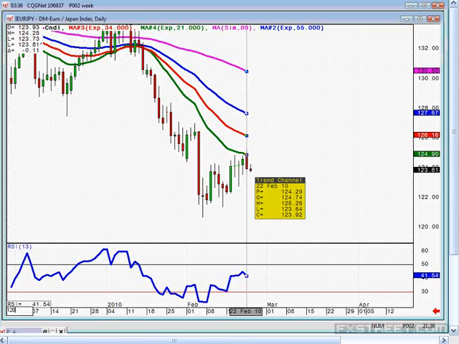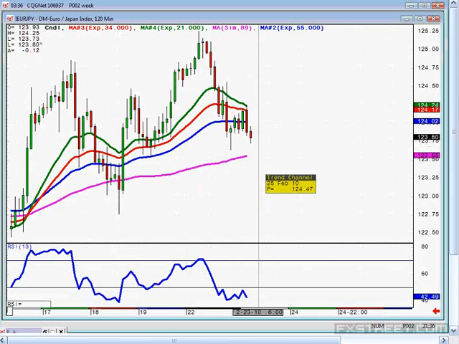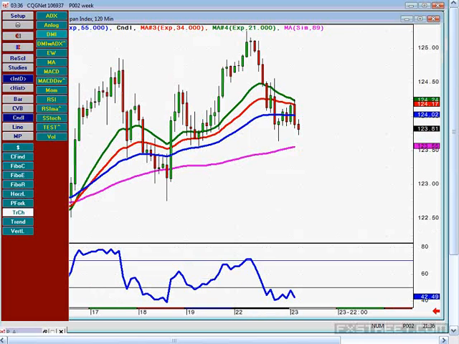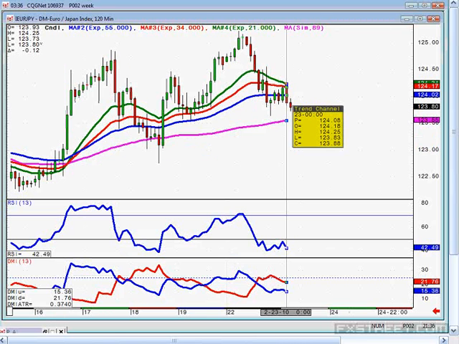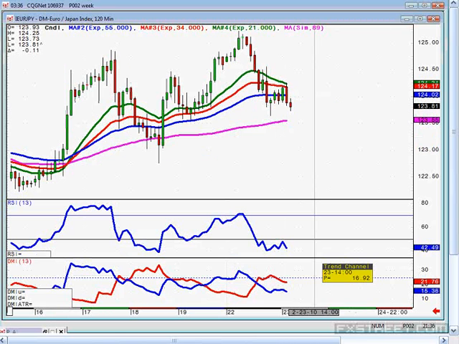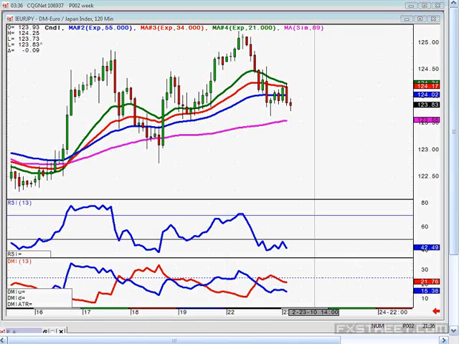So this is the bigger picture, and of course yesterday the bears were in control, even though it's within the range. So if you look on the hourly chart, what is my view on this particular cross?